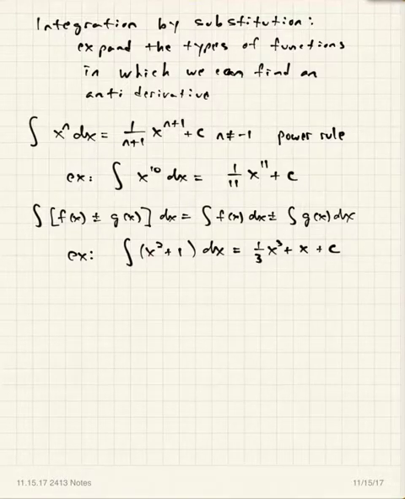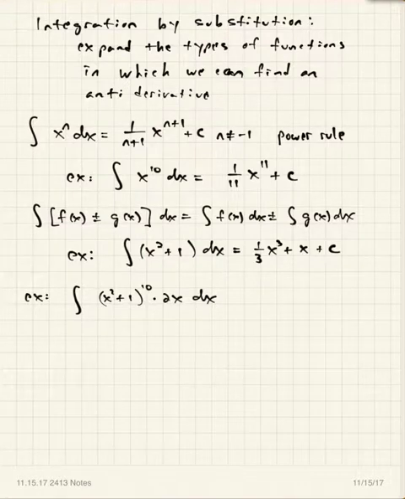But what happens when we have a function that's just a little bit more complicated? So, for example, what if we had x squared plus 1 to the 10th, and it was a multiplication problem like this, times 2x? Now that's a harder integral.